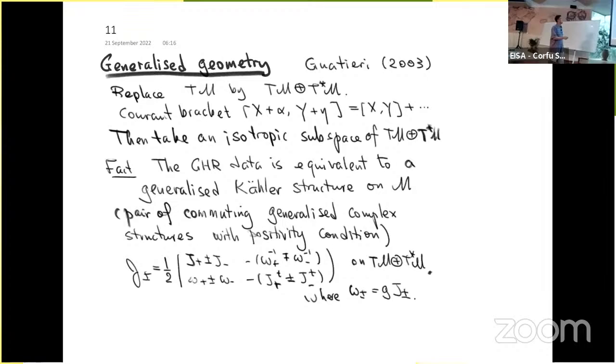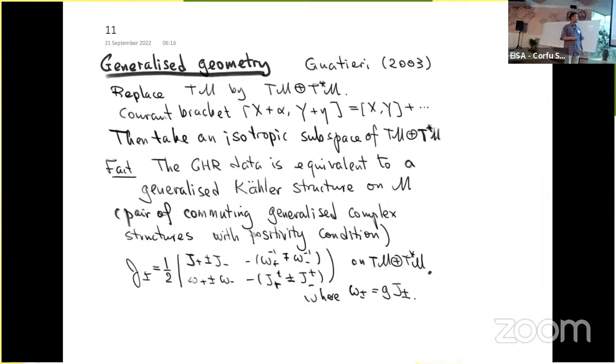And this is done when we take an isotropic subspace. So here there is a natural pairing between the tangent and cotangent space. And if you take a maximal isotropic subspace, of which TM is an example, it will again be n dimensional, and then it should be regarded as a replacement of the tangent space.